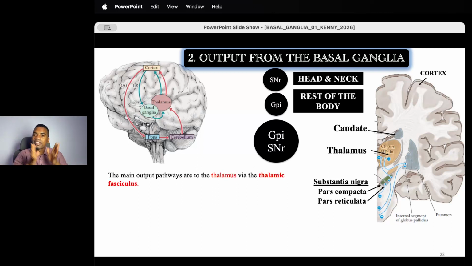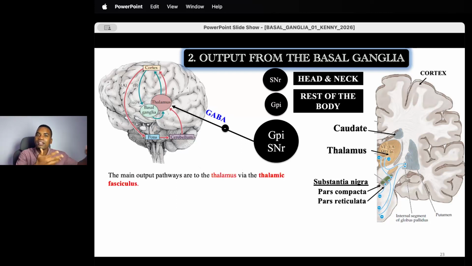So what are the output options? Where is this information going? This information is going to the thalamus. So the thalamus is the main output option from the basal ganglia system. The output gates are the internal segment of the globus pallidus and the substantia nigra pars reticulata, but this information is going to the thalamus.